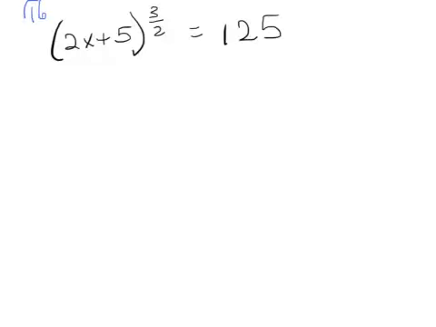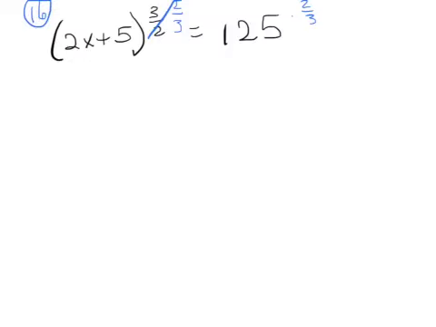Okay, here's number 16. We've got a rational exponent equation, (2x plus 5) to the 3/2 power equals 125. So what we have to do here is raise each side to the reciprocal of the exponent. I'm raising that to the 2/3 power.